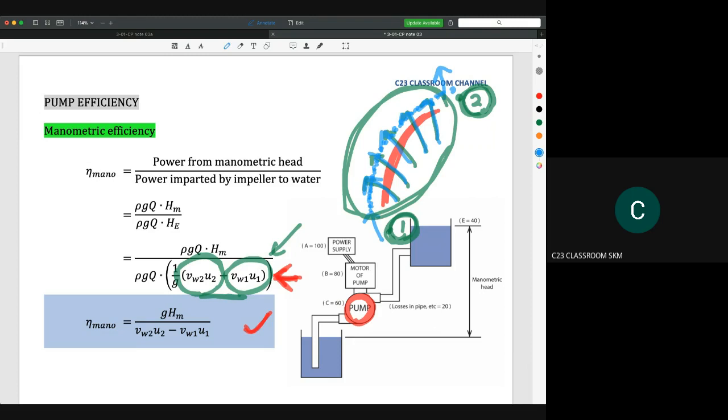So at point 2, at the outlet, water will have a lot of extra energy. That's why we deduct the value of 1 from the value of 2. So that's why the equation becomes V_w2 U2 minus V_w1 U1, because the total energy at point number 2 is larger compared to the total energy at point number 1.